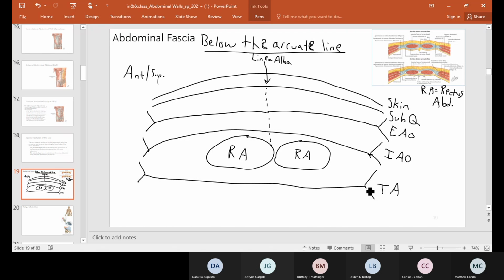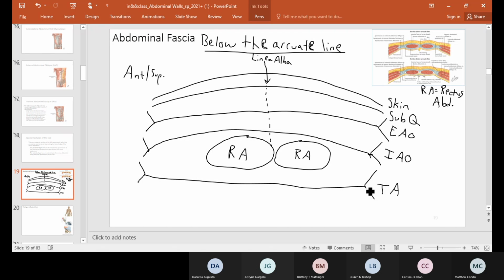How many layers of fascia will I go through before I hit rectus abdominis? Above the arcuate line, here's your options: 1, 1.5, 2, 17. Gotta put a throwaway in there.